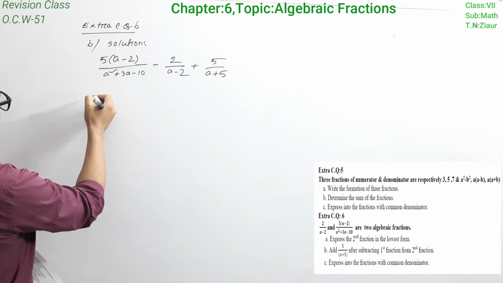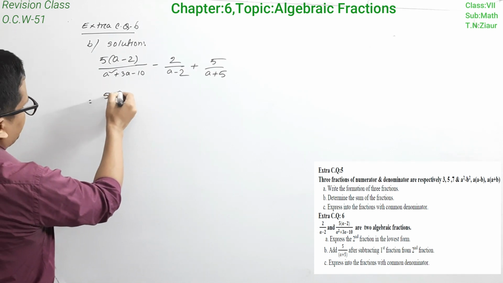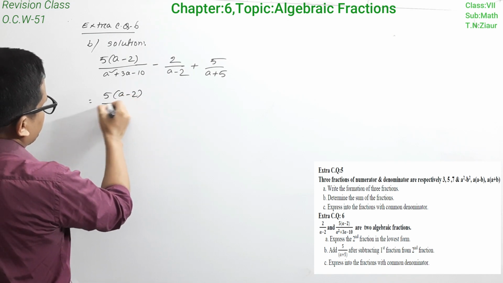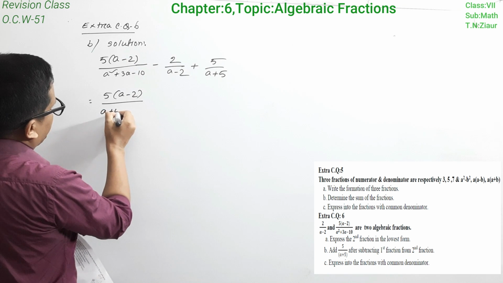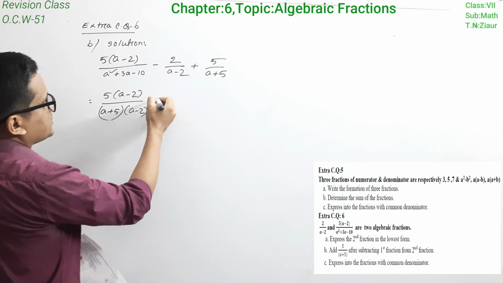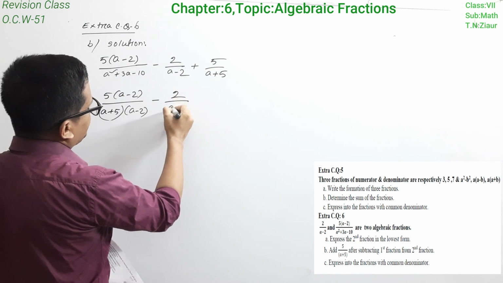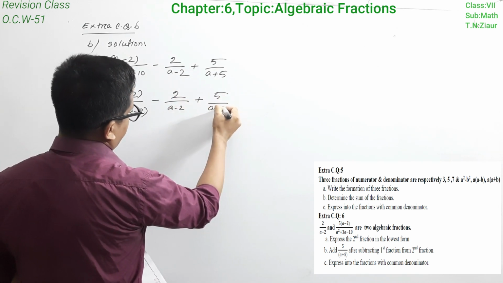Students, first we have to find the factor if you want to simplify, right? So you already got a plus 5 and a minus 2. From b you get 2 by a minus 2 and plus 5 by a plus 5.